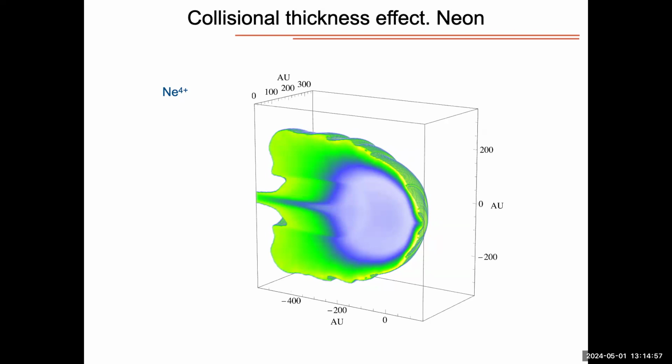You can use it because all those pieces produce different lines. So if you observe a certain species, say neon or oxygen, at different ionization states, you have different lines.